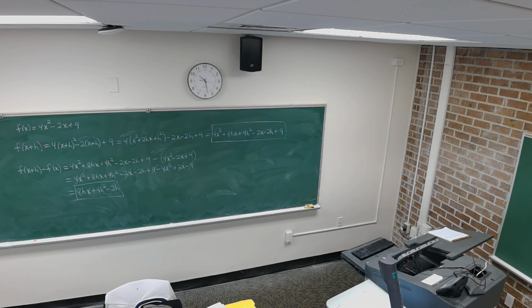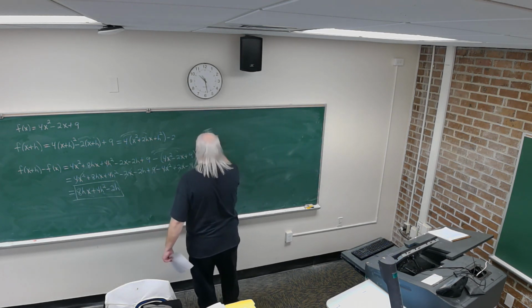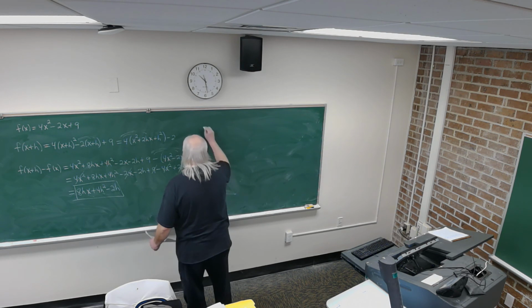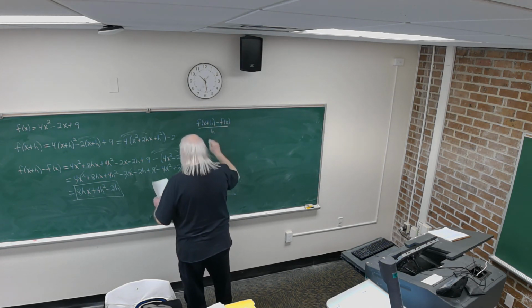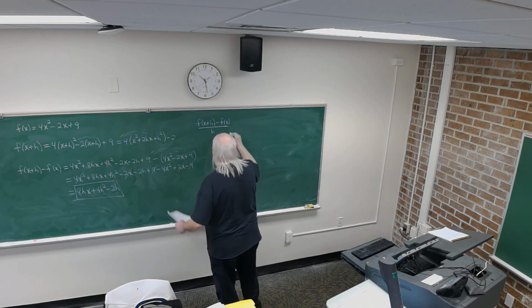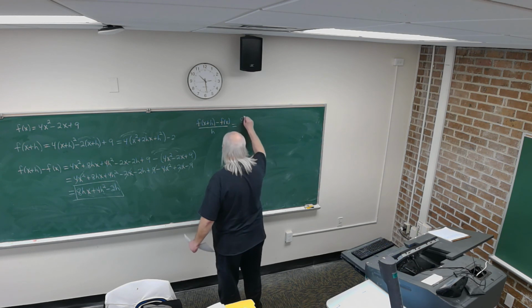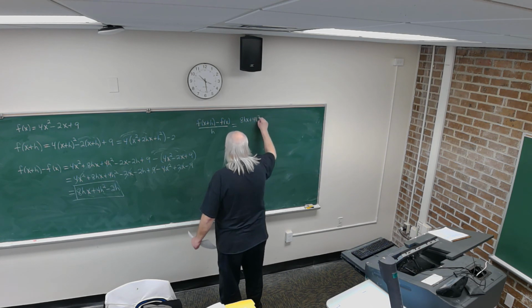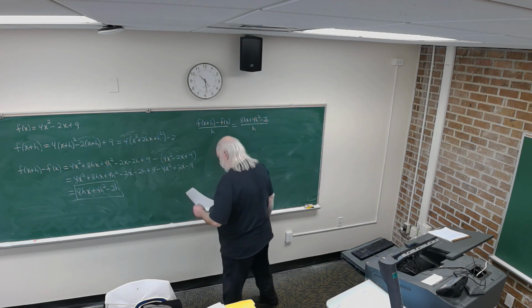All right, so step C: divide our result in part B by h. So we have f of x plus h minus f of x over h, which is equal to 8hx plus 4h squared minus 2h over h.